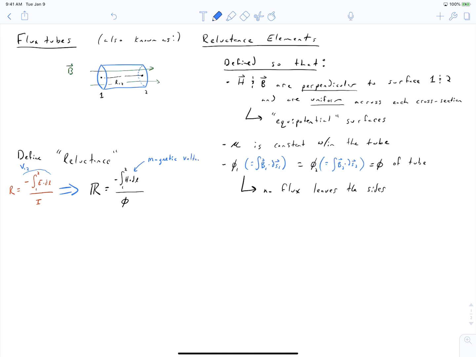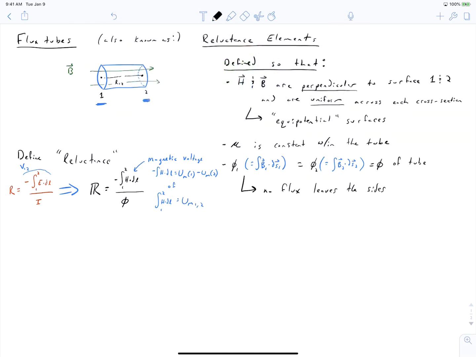So this is magnetic voltage, and we can say that the following is true. It's equal to the potential at surface 1 minus the potential at surface 2. Or we can equivalently say that the integral of H dot dl is our voltage drop from surface 1 to surface 2.